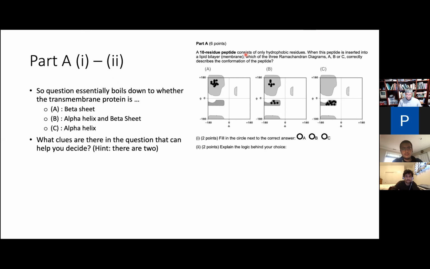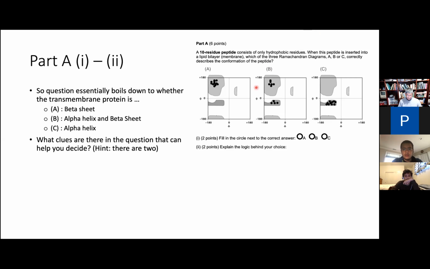One of them, yep, exactly, it consists of only hydrophobic residues. And I think the other one is pretty obvious. It's in bold. It only consists of 10 residues.